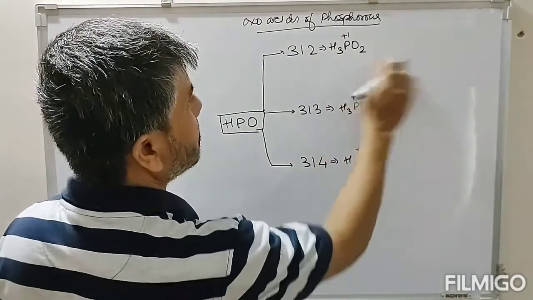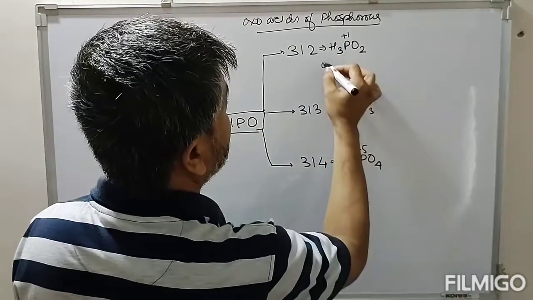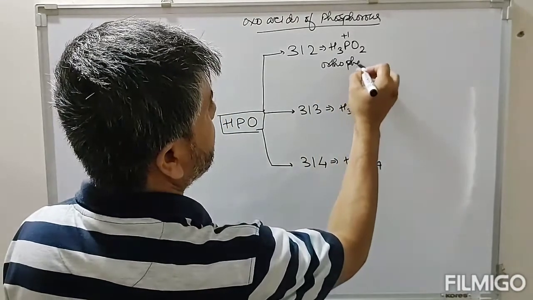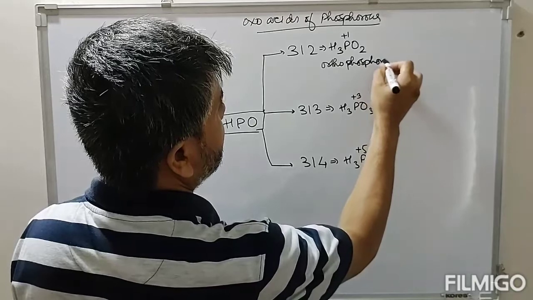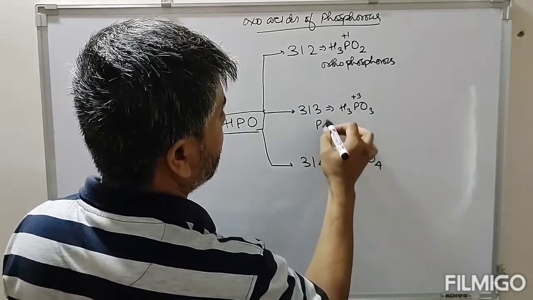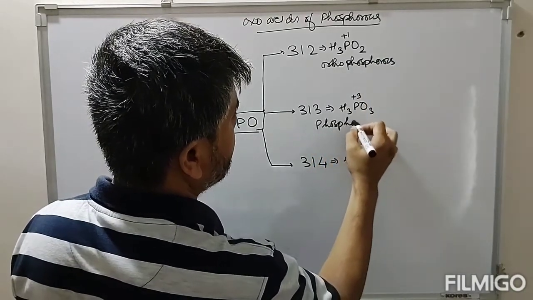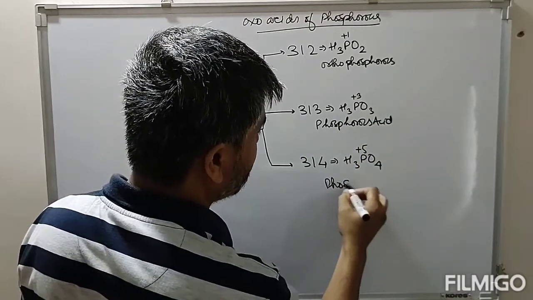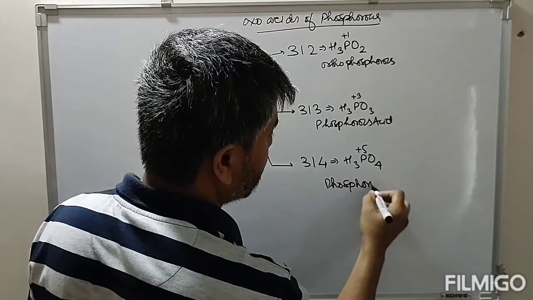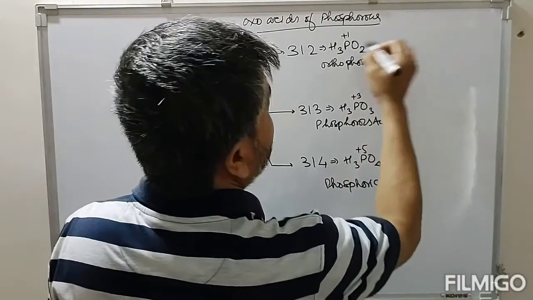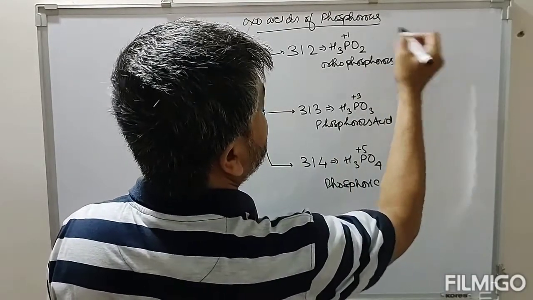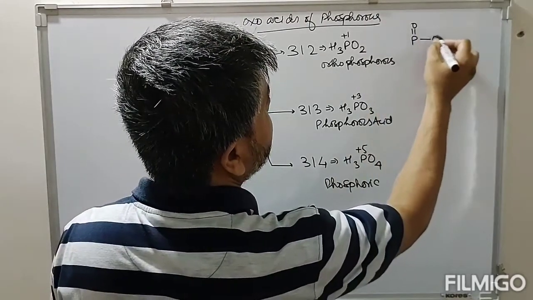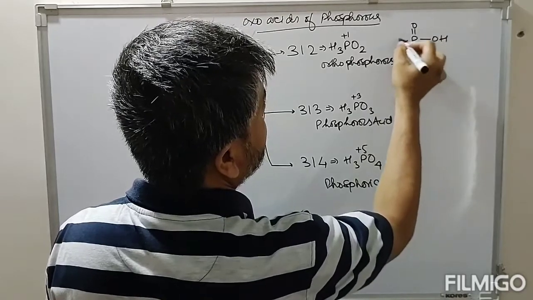This acid is known as hypophosphorous acid. This is phosphorous acid. This is phosphoric acid or simply orthophosphoric acid. If you look at the structure, in all these phosphorus acids there is a P double bond O, then the rest we can assume as it is.